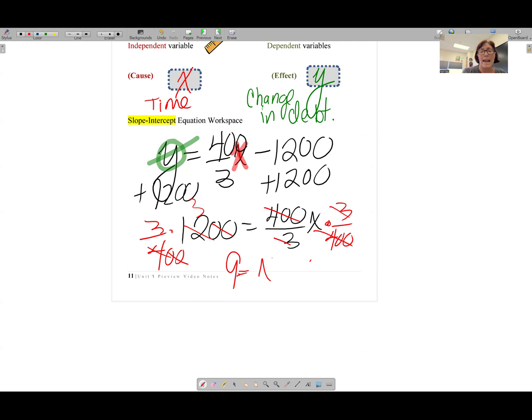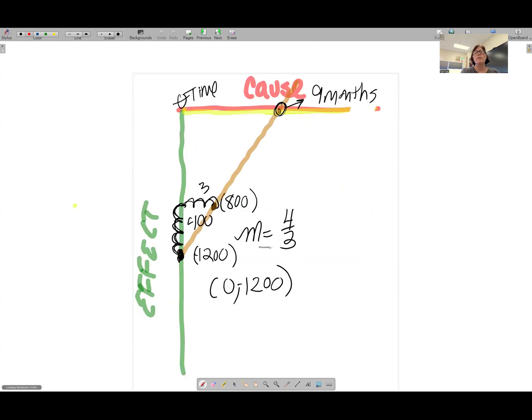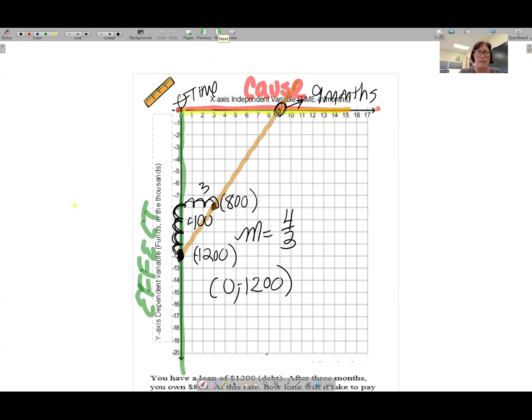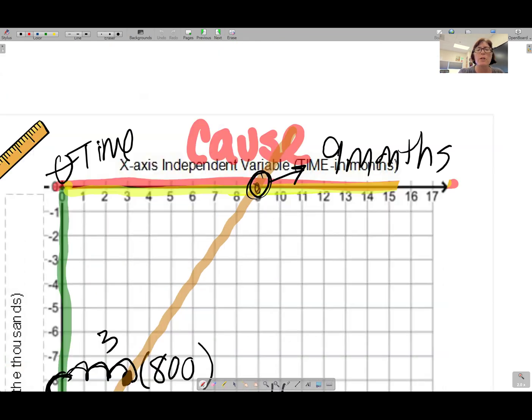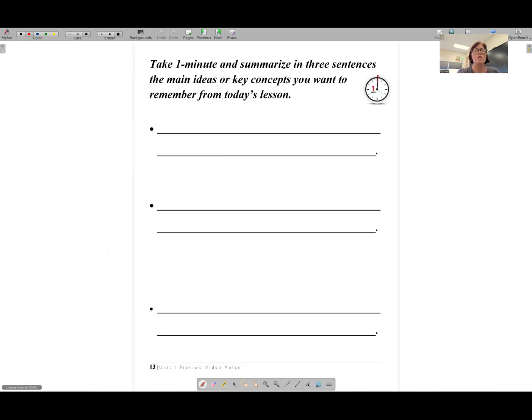So 9 equals x. So at the 9-month threshold, there should be 0 debt left. You look at your line, and if you graphed it accurately, the 9 is right there. So the graphing of a line enables you to predict something based on the given information. Don't forget to summarize the key points of this lesson.